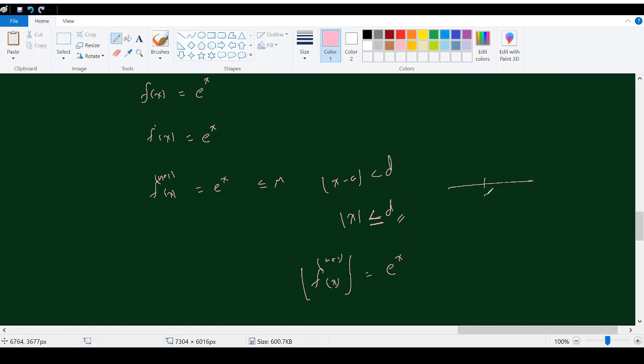So we choose x from this interval, and the highest value that this function can take within this interval will be the function value that corresponds with this d. So definitely it will be less than or equal to e to the power d, right? So we can consider this as our number M.